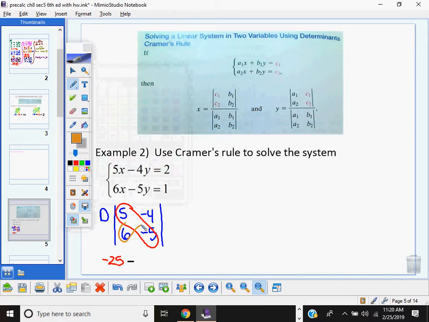So let's do 6 times -4, which is -24. Now, when I do -25 minus -24, I end up with -1. So what I have just found is the determinant that goes on bottom of both of these fractions.